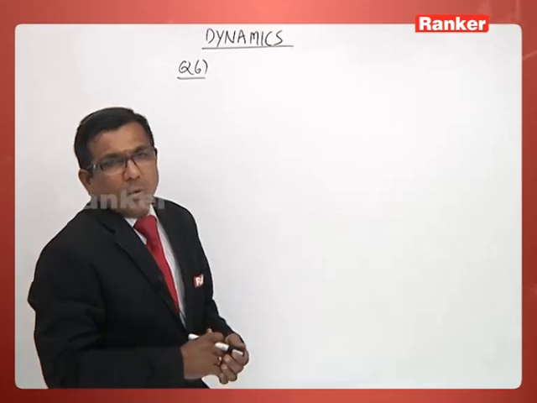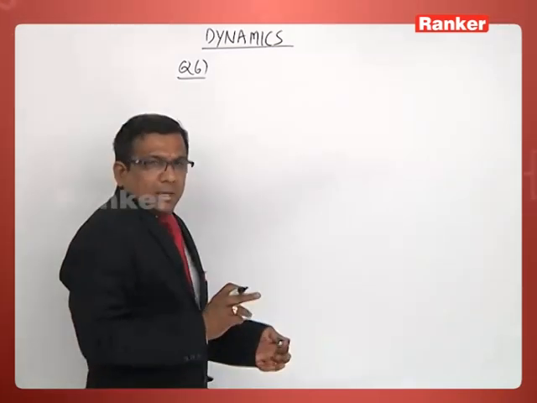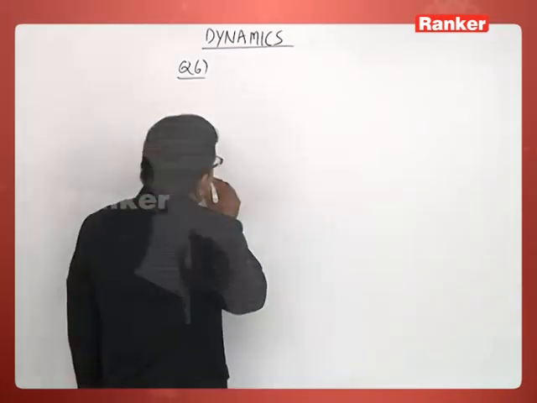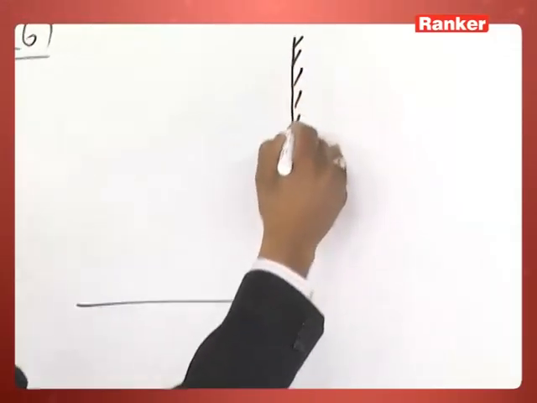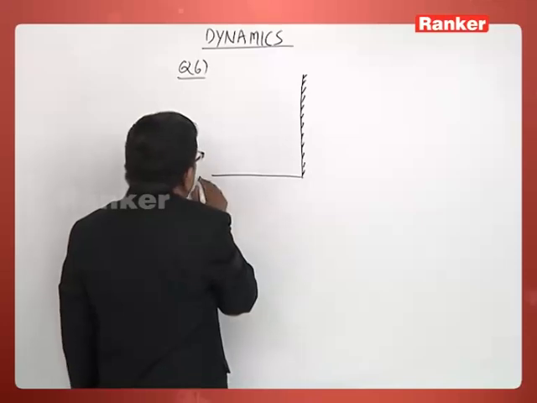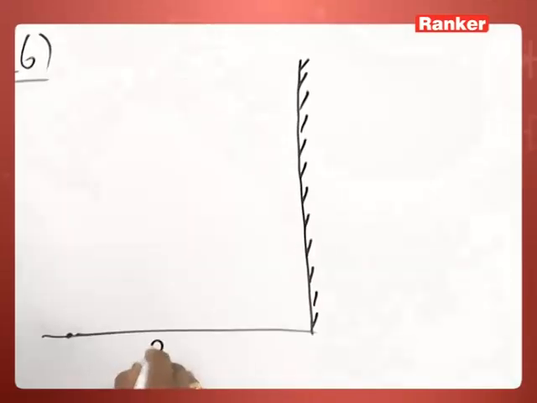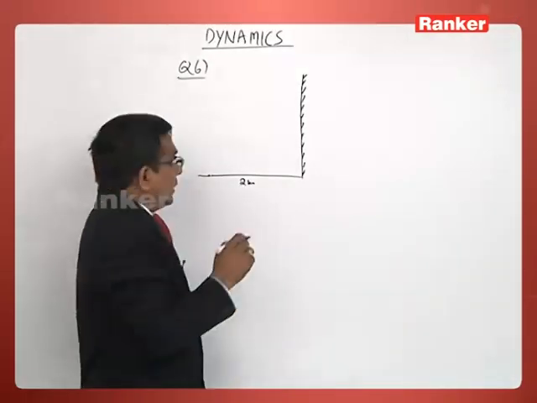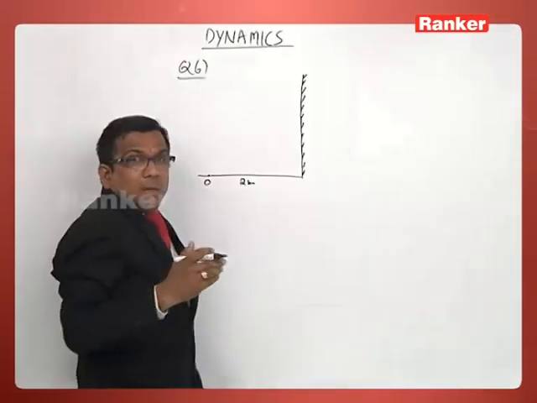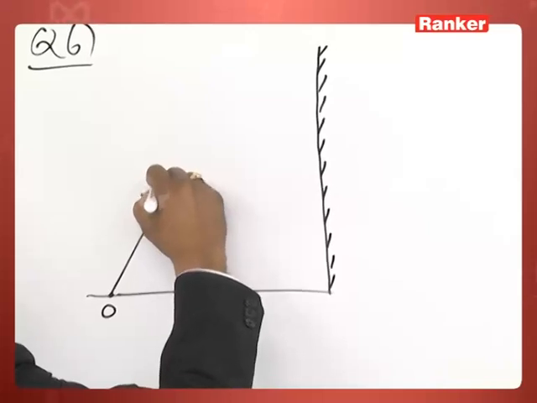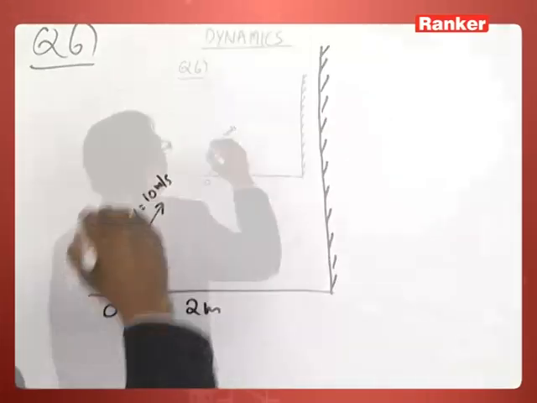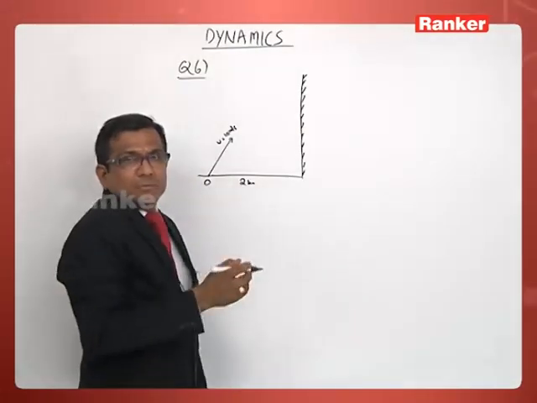Let us see how to solve this problem. Let us draw the diagram. There is a wall like this, and from here at a distance of 2 meters, as given, there is a point. A ball was thrown at 10 meters per second, say speed is u, at an angle of 15 degrees.